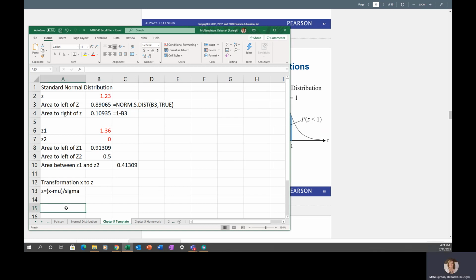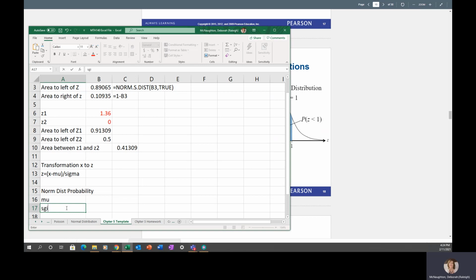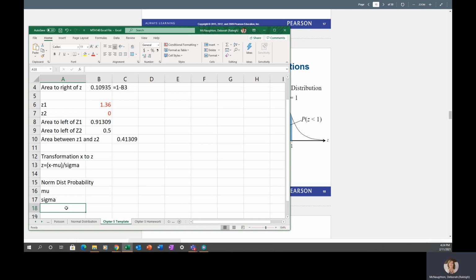So this is just a normal distribution probability. Okay, so I need a mu and I need a sigma, and then I also need an x value.